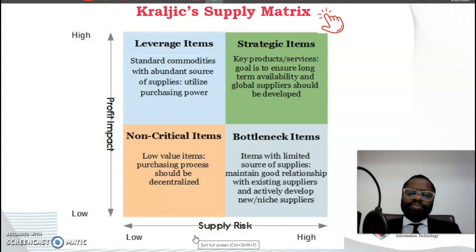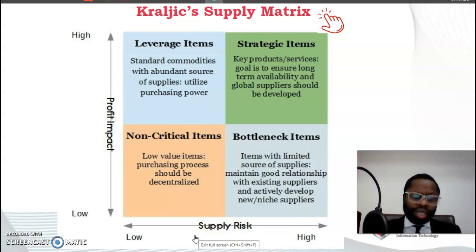What does that say? So from a buyer's perspective or a supply chain manager's perspective, they would have items of that nature, low value items, like some consumables, might be rivets, O-rings, very cheap O-rings, those low value items.